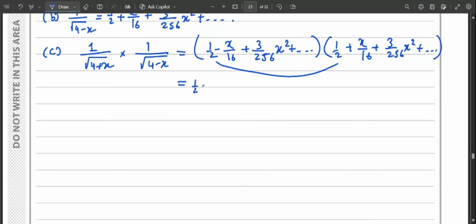Then we have minus x by 16. We will multiply minus x by 16 with half again, and then we'll multiply minus x by 16 with x by 16. So this will give us minus x by 16 into x by 16.